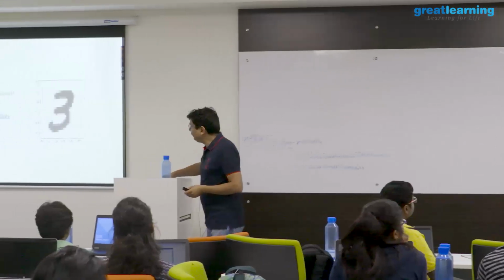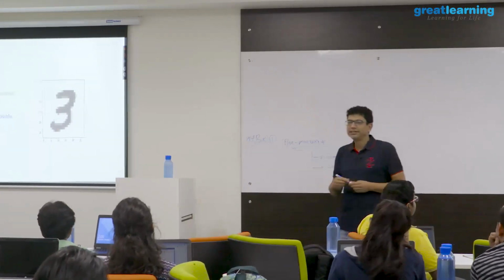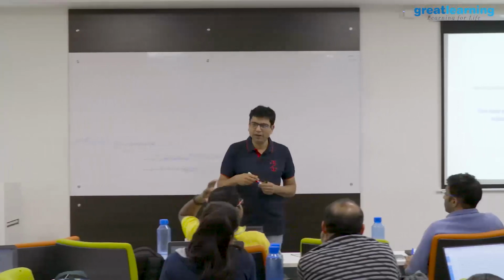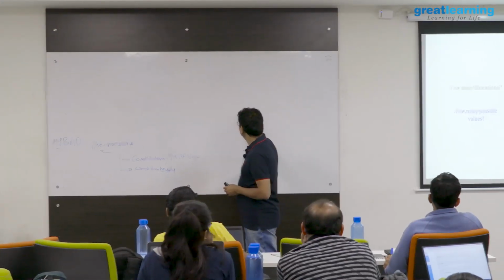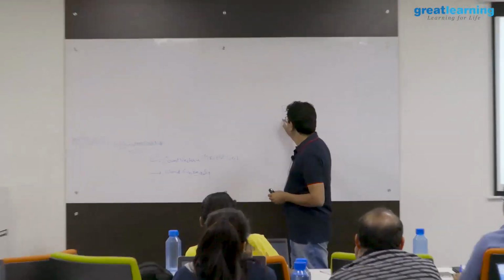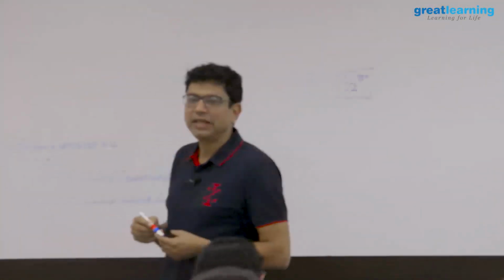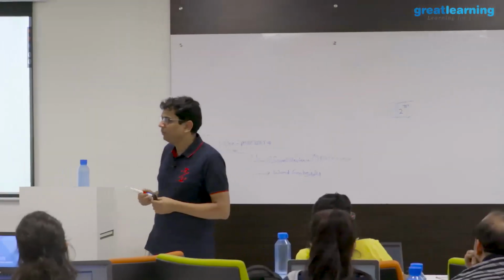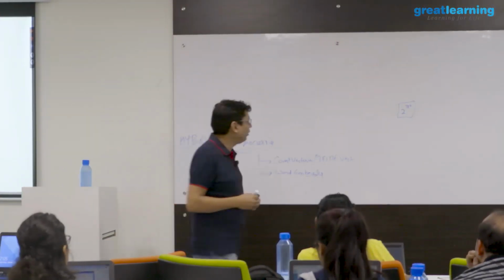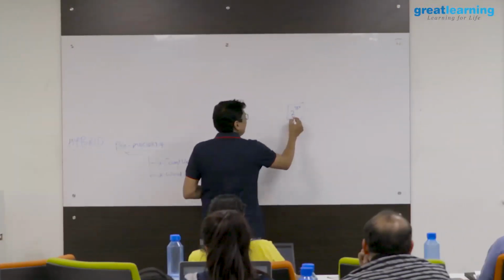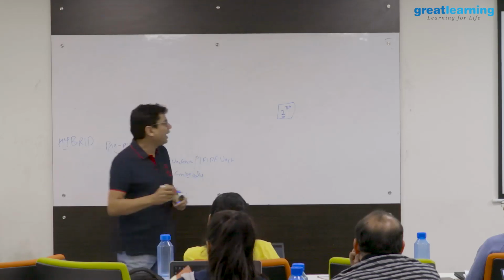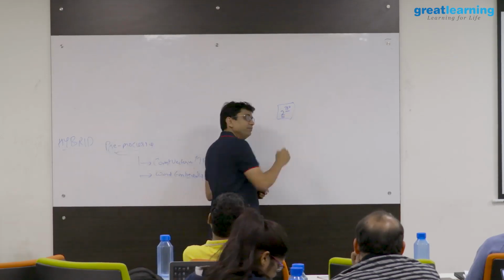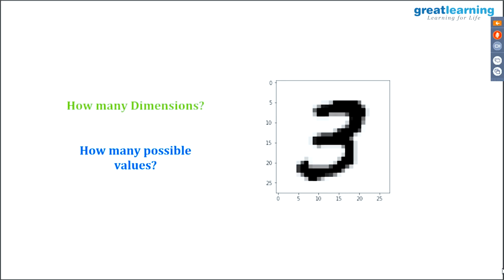If I just replace each cell with 0 and 1 alone, there will be 2 raised to the power 784 possible pictures like this. What is 2? 2 is the number of possible values for individual cells, 0 or 1, right? And how did I get 784? Everything is from this picture, nothing else.